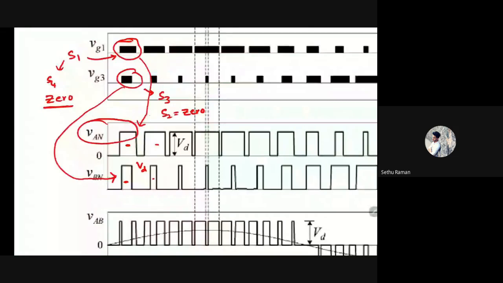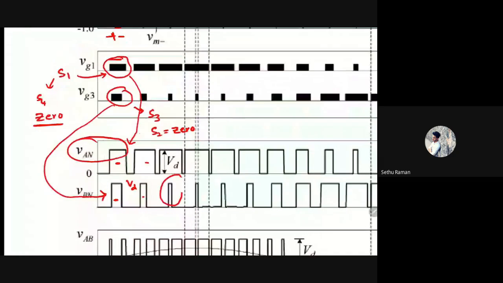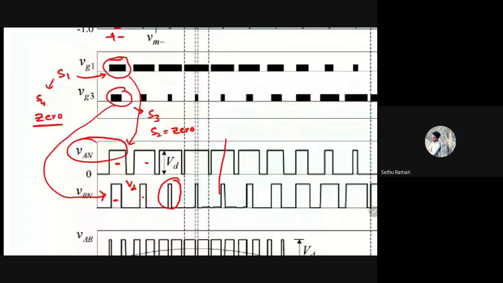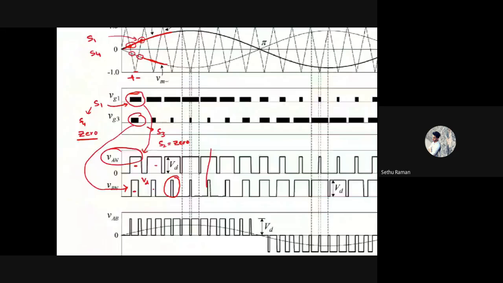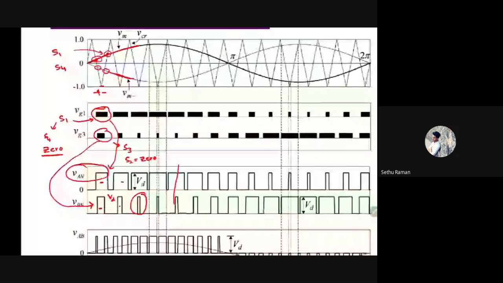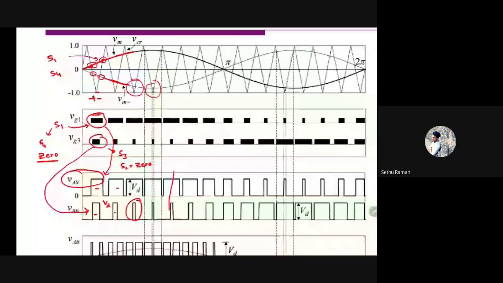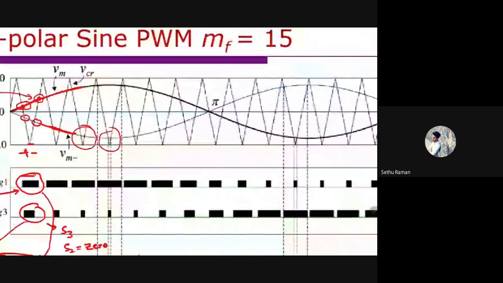So if you notice, these pulses become narrower, right? So why is it narrower? You can observe here, this intersecting point is very small, right? Therefore, the pulses will become narrower. So here these pulses are narrower, whereas these pulses are wider.